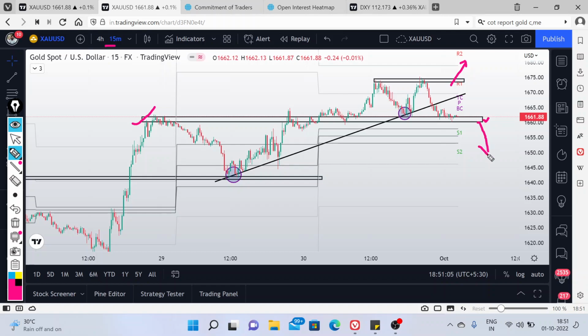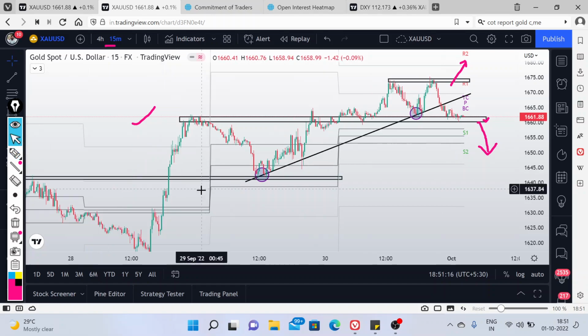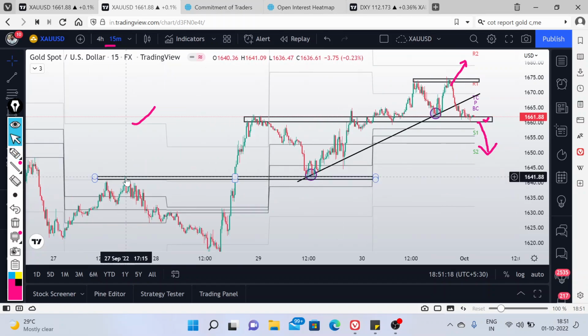Otherwise the price might test this swing higher high, because this was previously a resistance. Now this level is a support, and this is at around the 1640 to 1642 price zone. So this is the level that gold can retest on the lower side. These are the levels on the intraday chart.